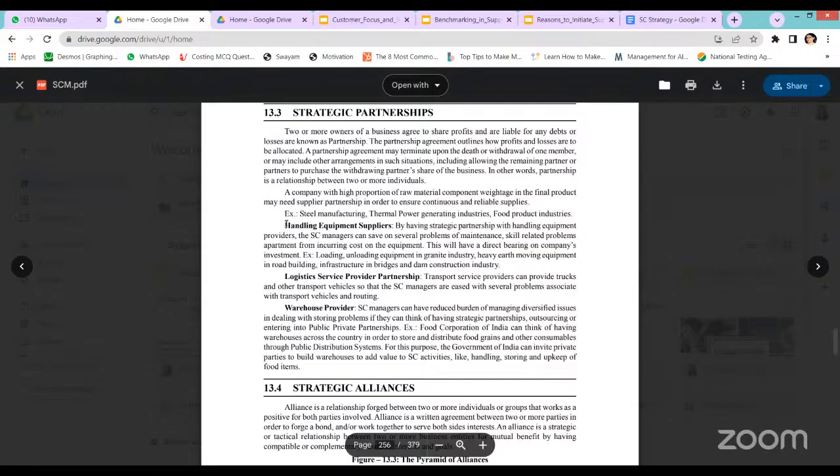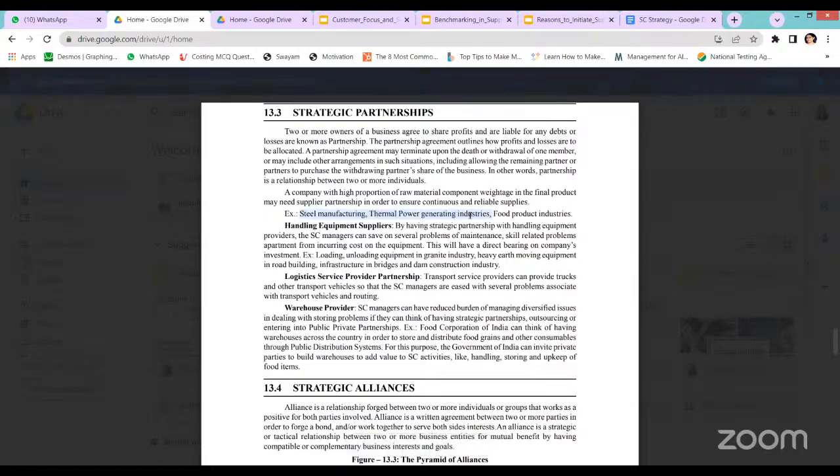Steel manufacturing, thermal power generating industries, and food product industries are examples which enter into manufacturing supplier partnerships.